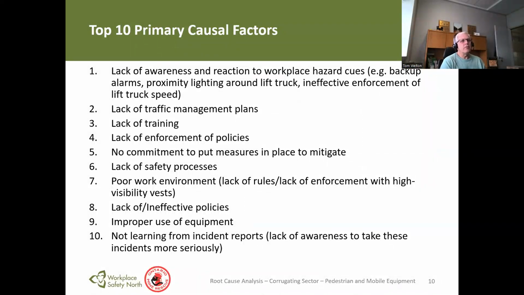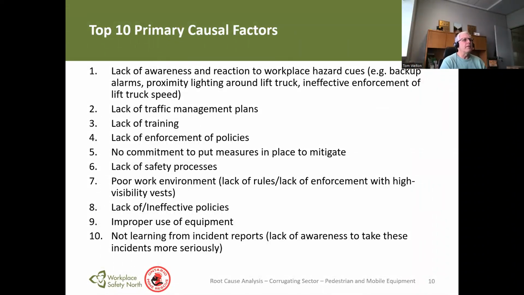And the industry representatives identified that working in a workplace for a long period of time, the same location day after day, sometimes you become a little dulled to hazard cues such as backup alarms, proximity lighting, and in some cases ineffective enforcement in relation to lift truck speeds. And these can have a significant effect on the causes of workplace injuries.